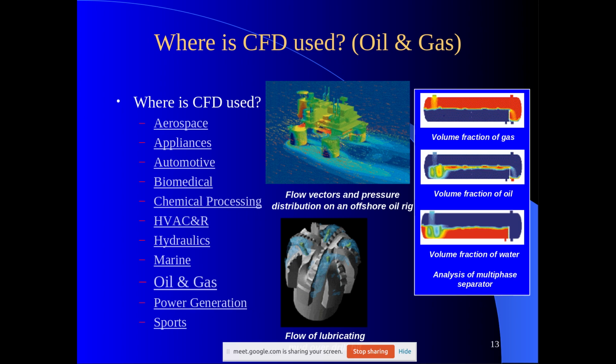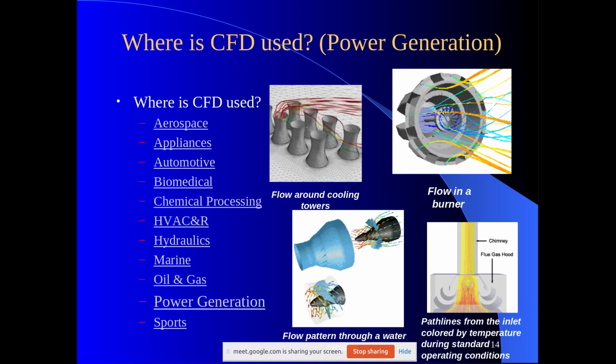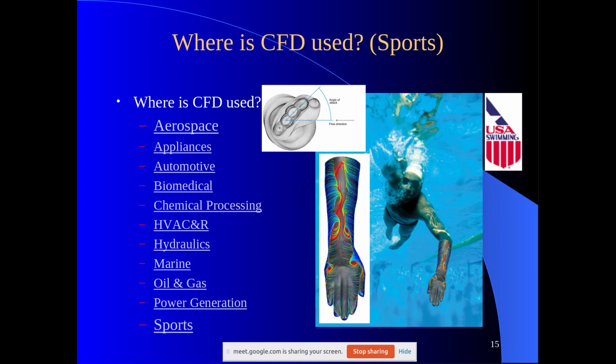Hence, very commonly used. Power generation, different types of power generation, nuclear power plants, thermal power plants, almost everywhere. Sports also, design of sports equipment. CFD is very commonly used.